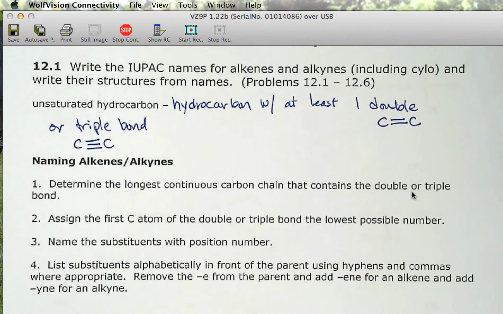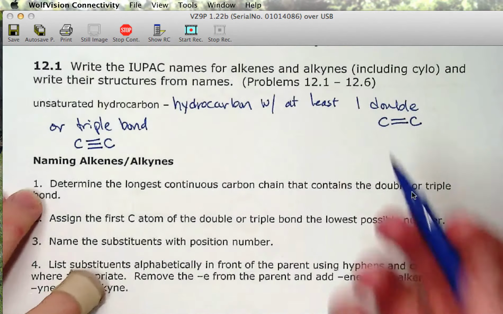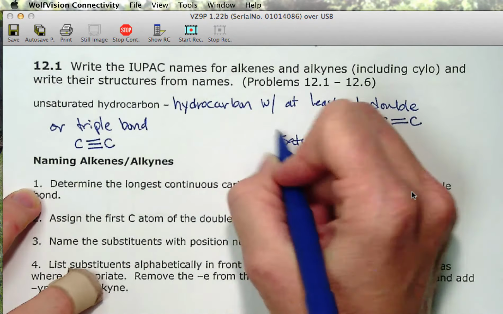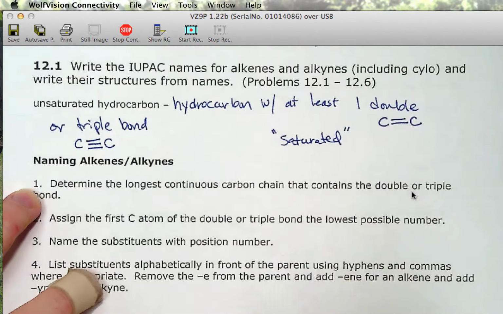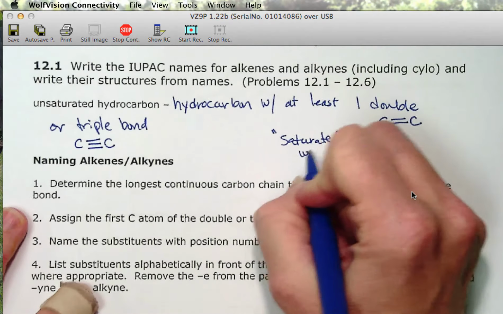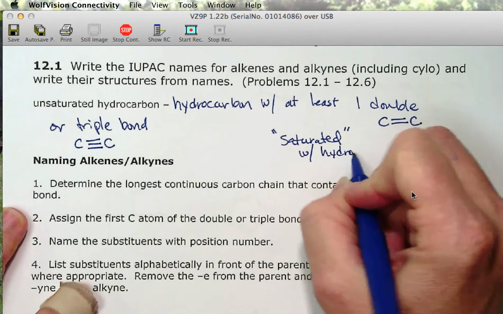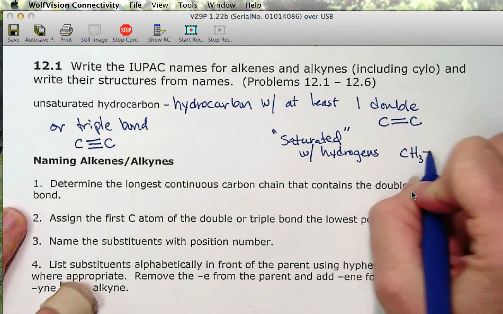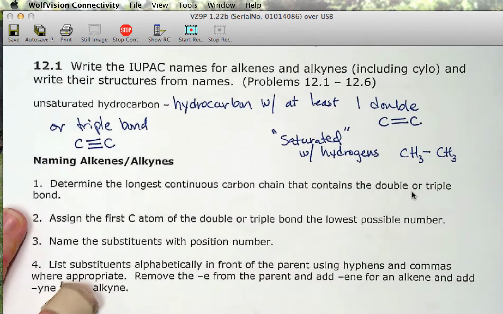Saturated means that it has all the hydrogens. I always like to think of it as saturated with hydrogens. That makes sense. Where you have CH3, CH3, that's as many hydrogens as you're going to get on those carbons.